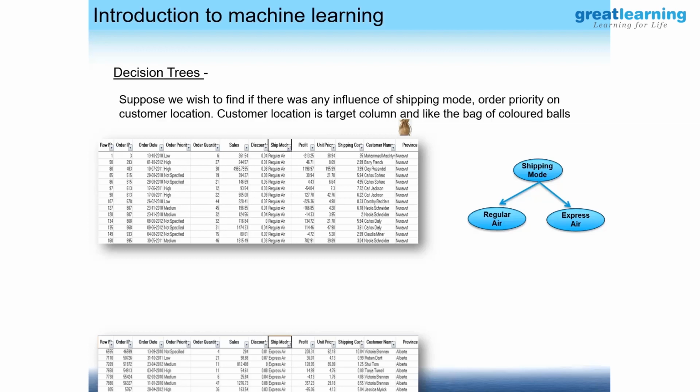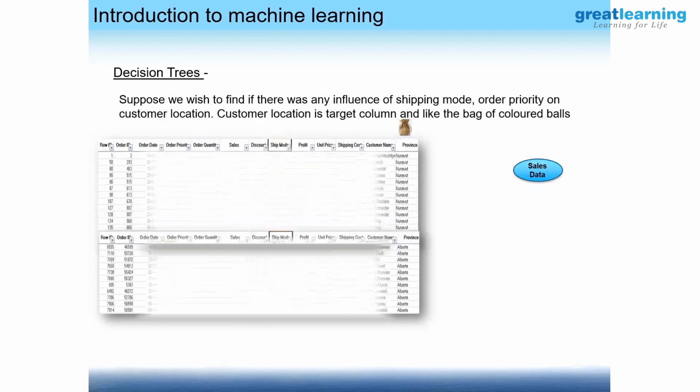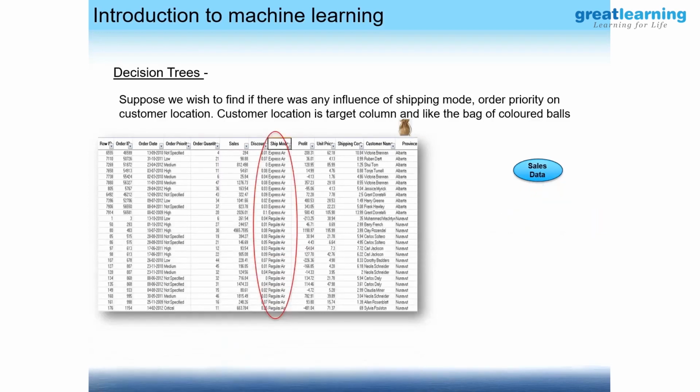But in the process of doing this, what you have achieved is that the sum of the entropy of these two child nodes will be less than the entropy of the original file. The entropy of the target column in the child nodes will be less than the entropy of the target column in the parent node.